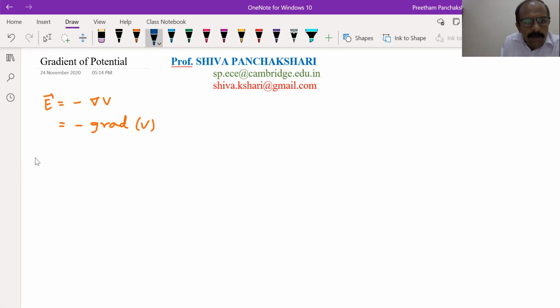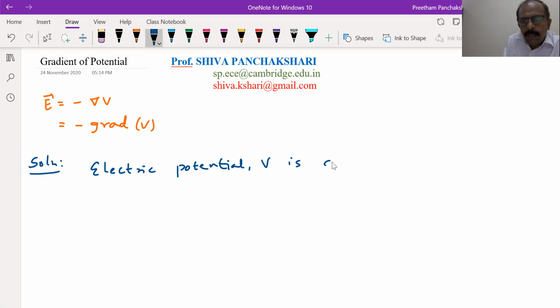Let us start our discussion with a very well-known equation, that is electric potential V is given by the line integral of electric field.